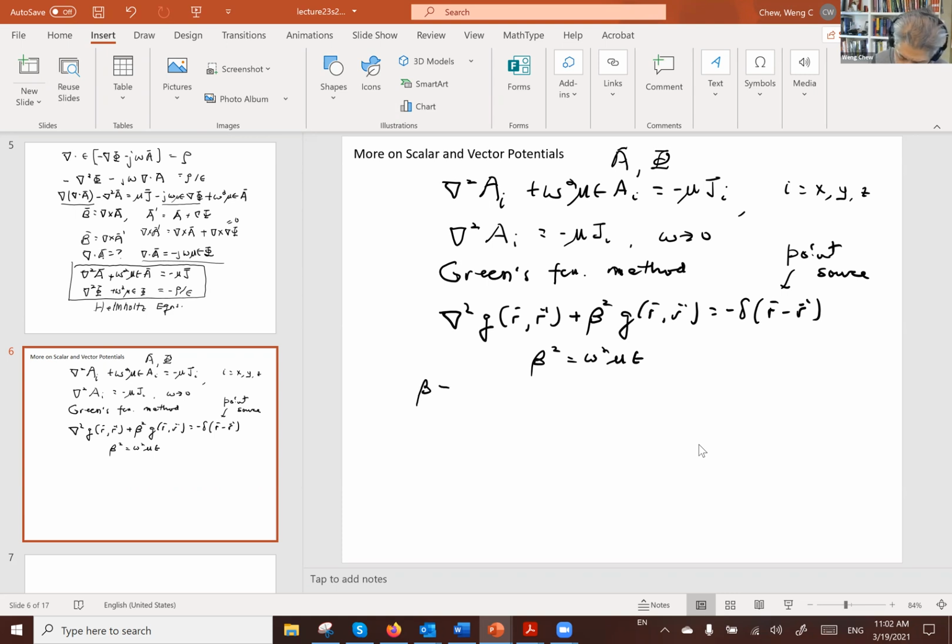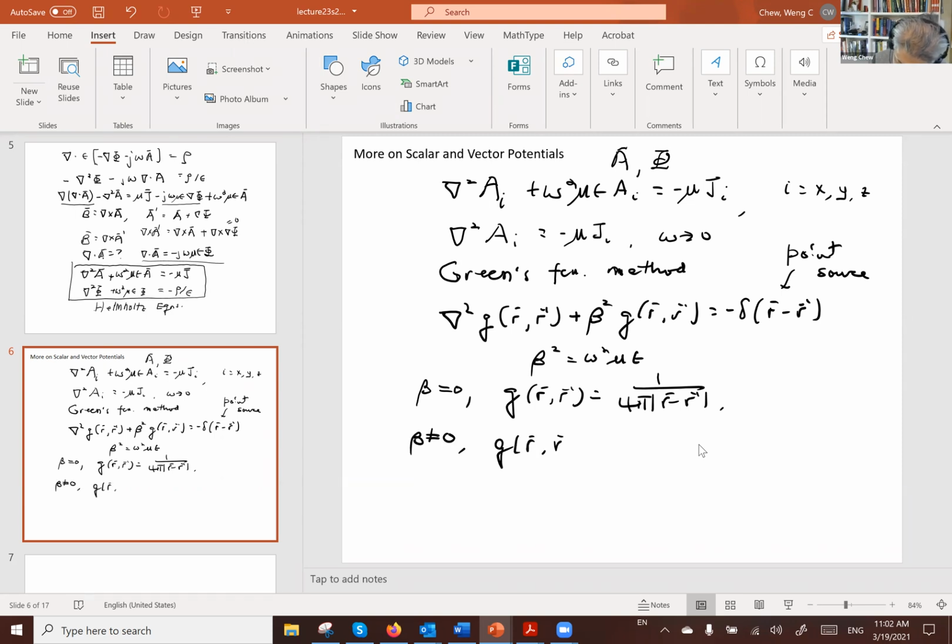When beta is equal to 0, we convince ourselves that this Green's function is equal to 1 over 4 pi |r minus r prime|, okay? And in your take-home exam, you have convinced yourself that when beta is not equal to 0, you can find this to be e to the minus j beta |r minus r prime| over 4 pi |r minus r prime|.